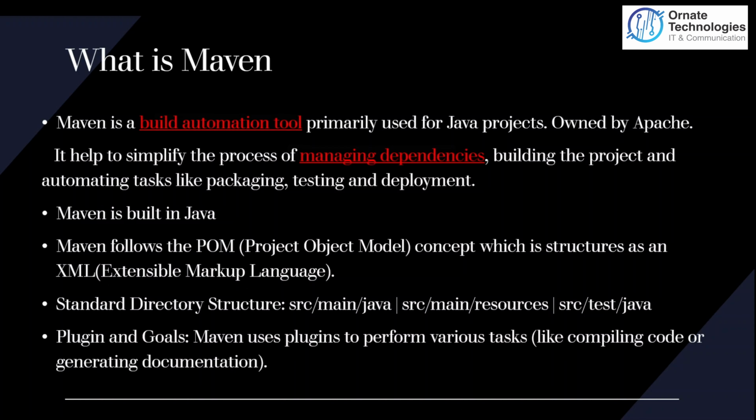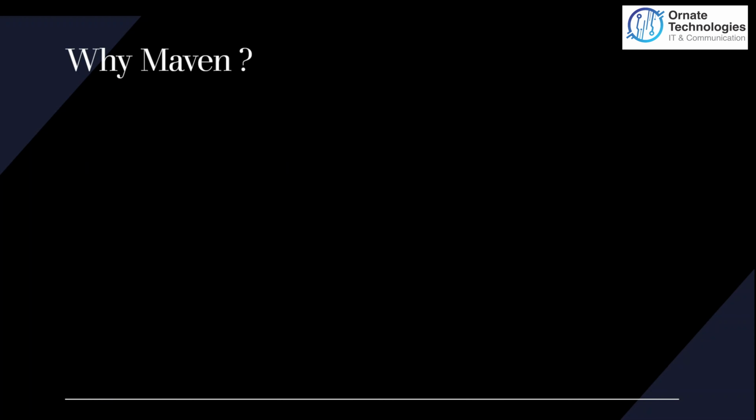There are certain goals you can complete when using Maven, right? One of them is compiling your code, making sure that your code is compiled and is running the way it should run. So you can do a lot of goals using Maven. Then why Maven? Why do you need Maven? As I said earlier, it helps us to manage our dependencies, putting those dependencies into place.